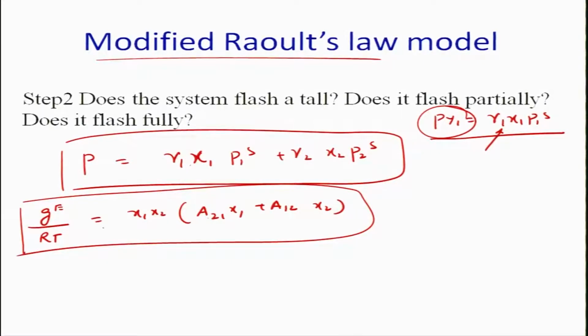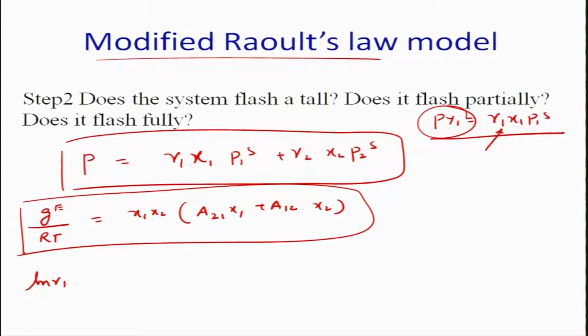Now, from here you can get ln gamma 1 by connecting the log gamma to the partial derivative of n times G excess by RT with respect to n i.